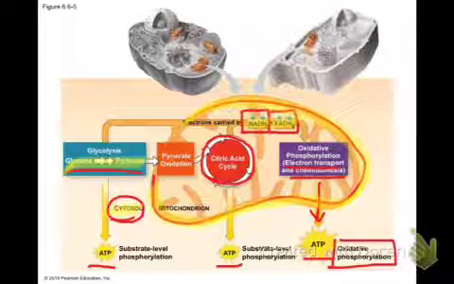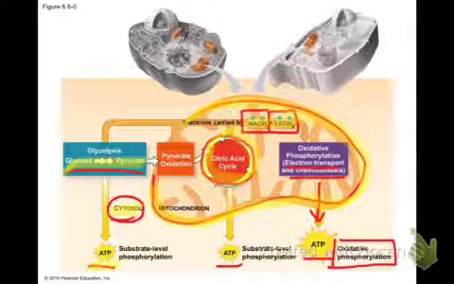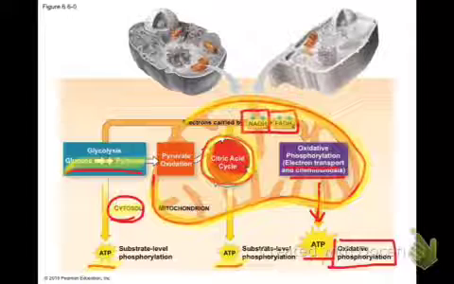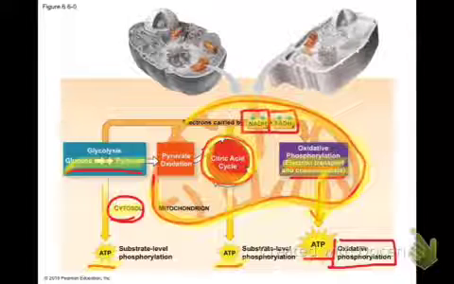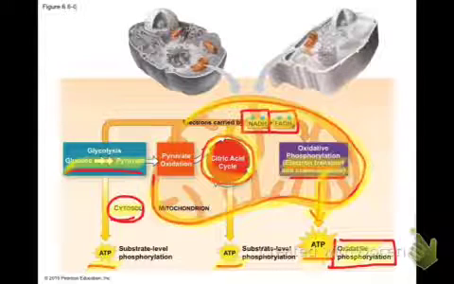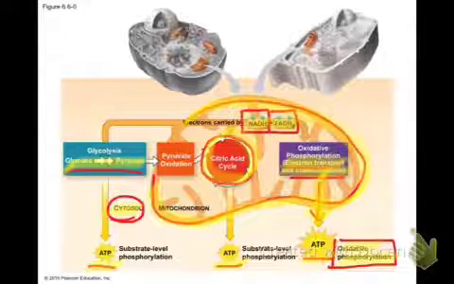Those are the reduced forms of those particular carriers, those coenzymes. Here you can see the citric acid cycle inside the mitochondria, and you can see along the way ATP is being produced. Most of it, though, is being produced here during oxidative phosphorylation as the electron transport chain and chemiosmosis generates the ATP. And that's what we're going to look at. So let's take a look at each one of these steps individually. Let's start with glycolysis.